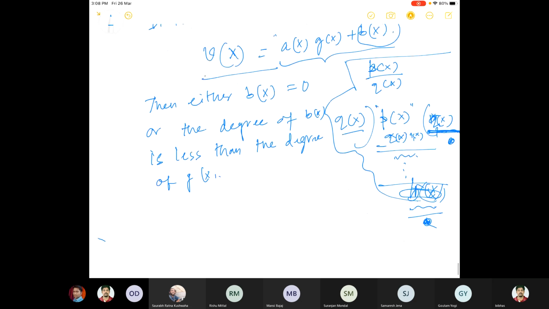Now from here, if I write b(x), then b(x) is actually equal to v(x) plus a(x) times g(x). This is what b(x) is, and I want to show b(x) equal to 0. Now a(x) times g(x) is a code polynomial. Why?